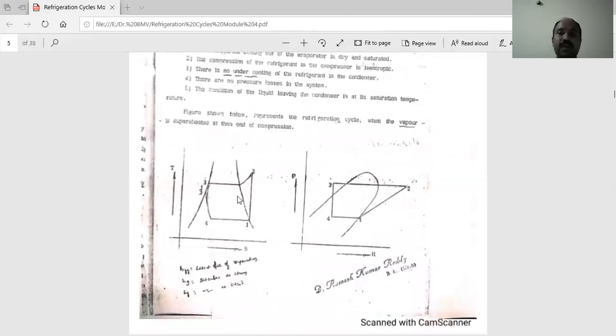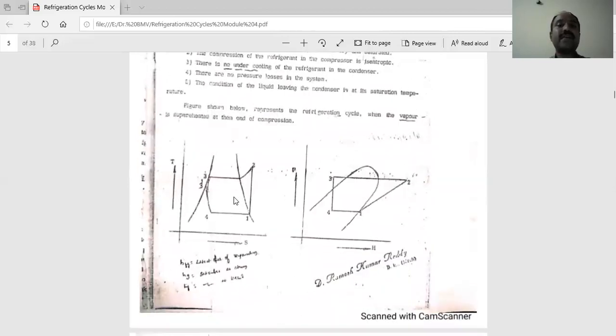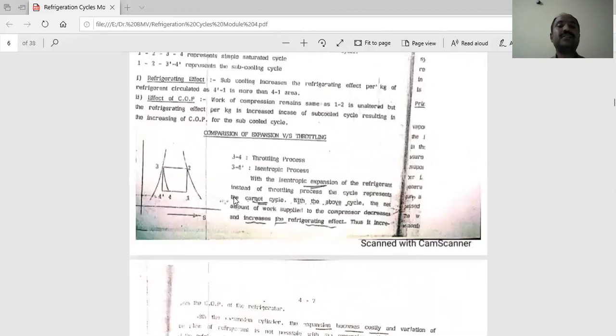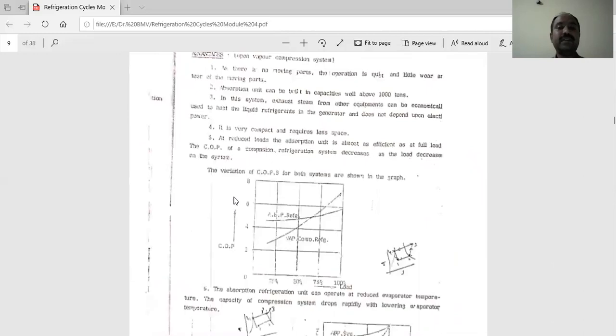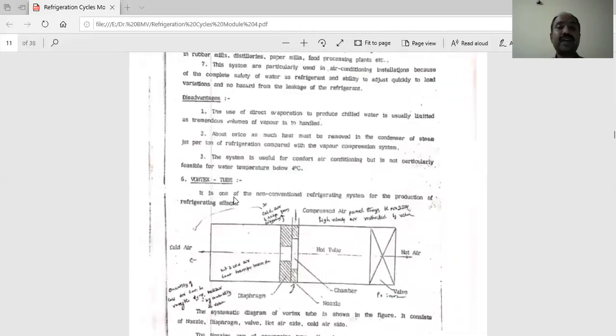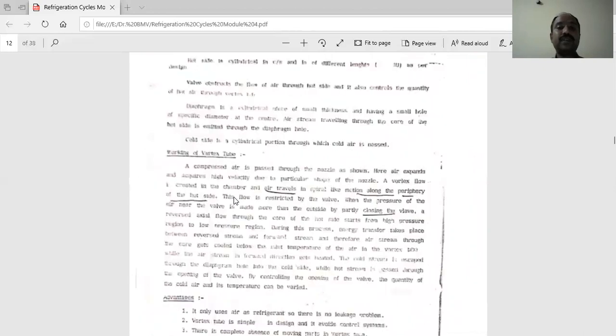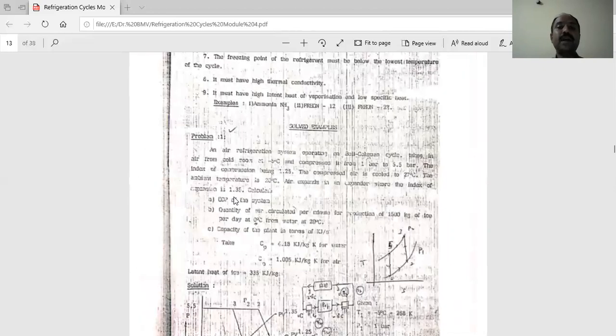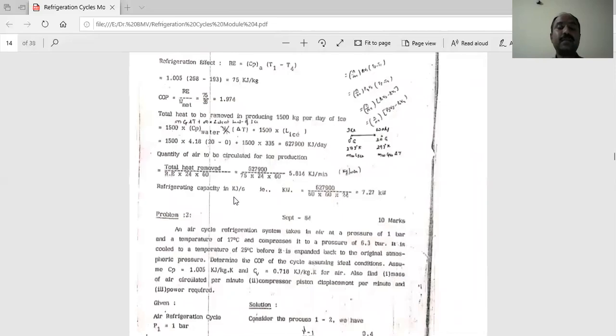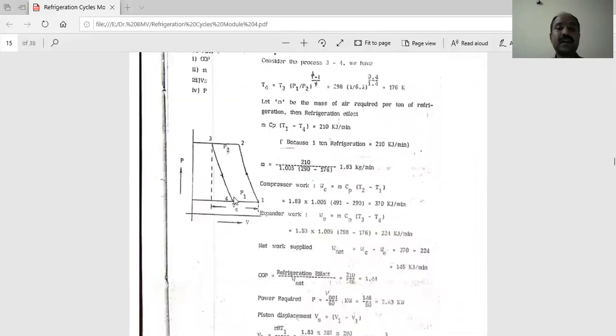This vapor compression refrigeration system has a few case studies. We will discuss the different case studies one by one now. We use these case studies while solving problems. We have to write down these case studies, and know how to draw the TS, PV and HS diagrams and all.